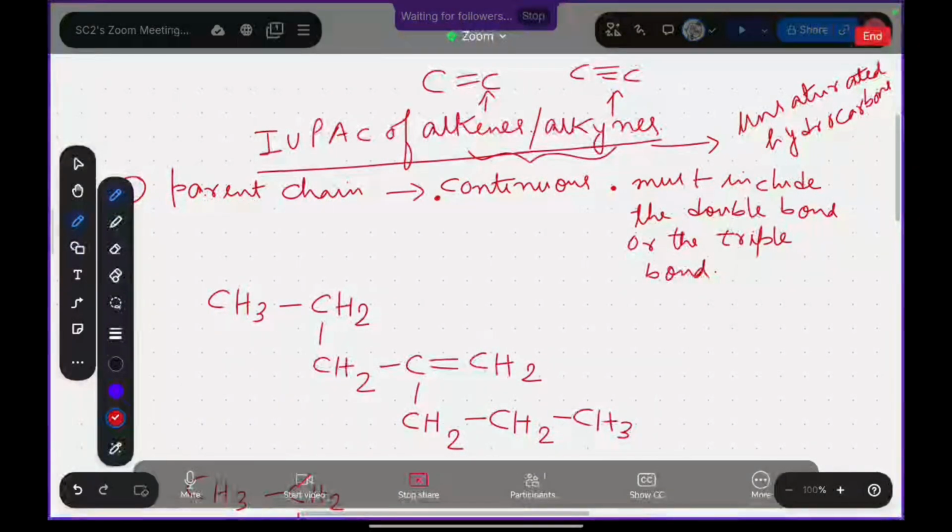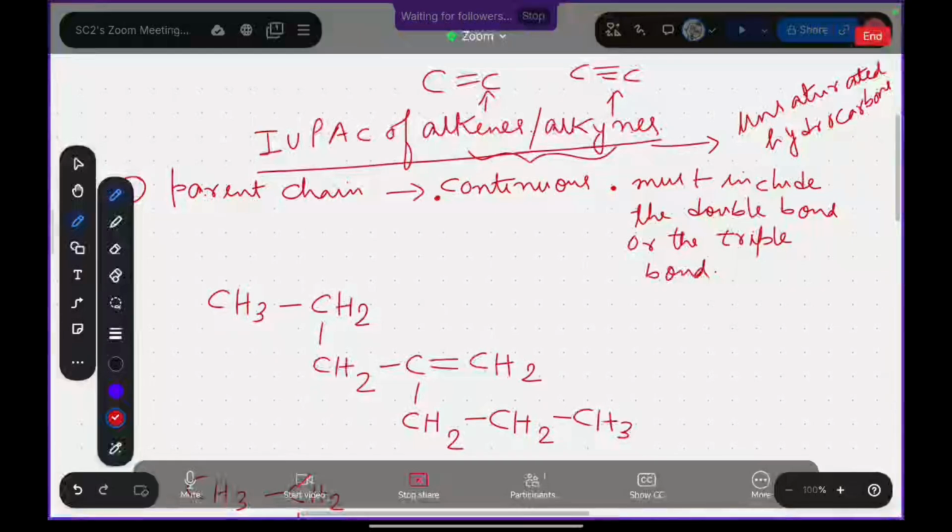And the next thing is, it must contain the double bond or the triple bond. The parent chain may or may not include the maximum number of carbon atoms. In alkanes, what have you studied? That when you find the parent chain, it should contain the maximum number of carbon atoms.